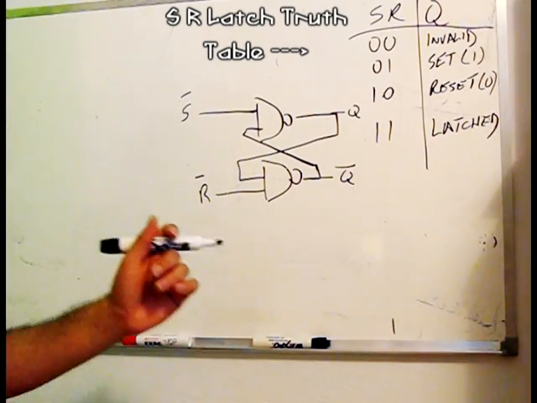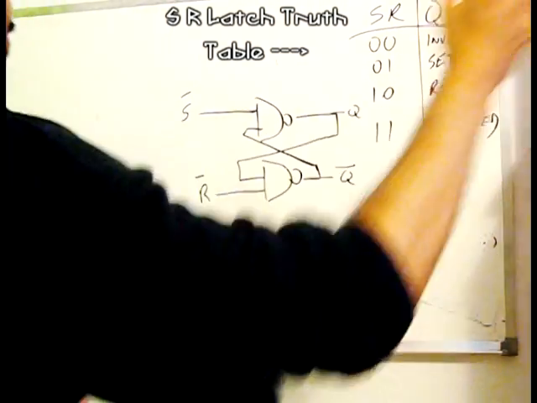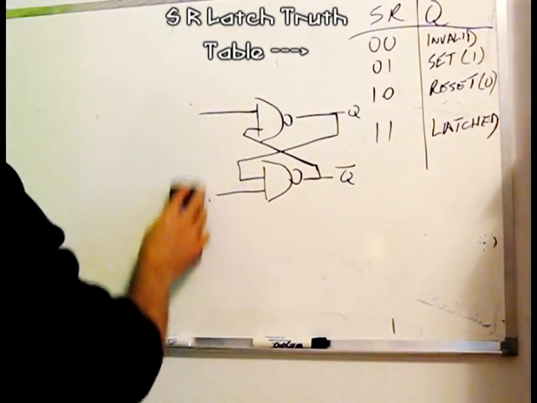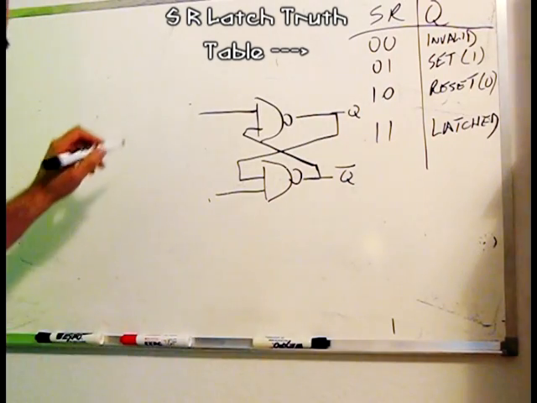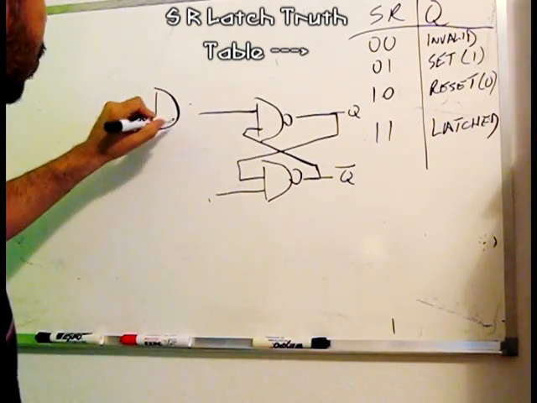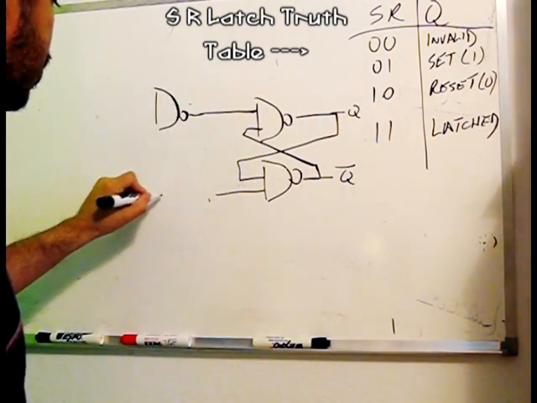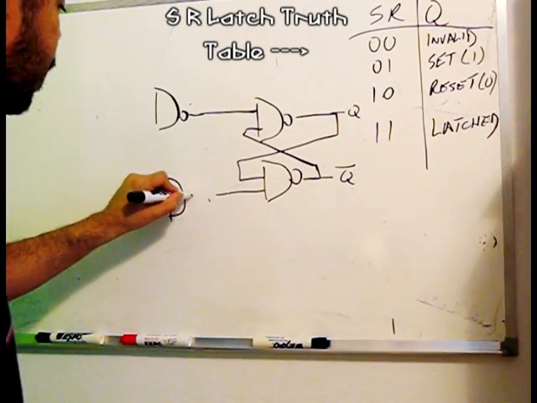Okay, well, I'm going to add something to this. We're going to figure out a way to make this a little easier to use. So what we're going to do is tie 2 more NAND gates to this.